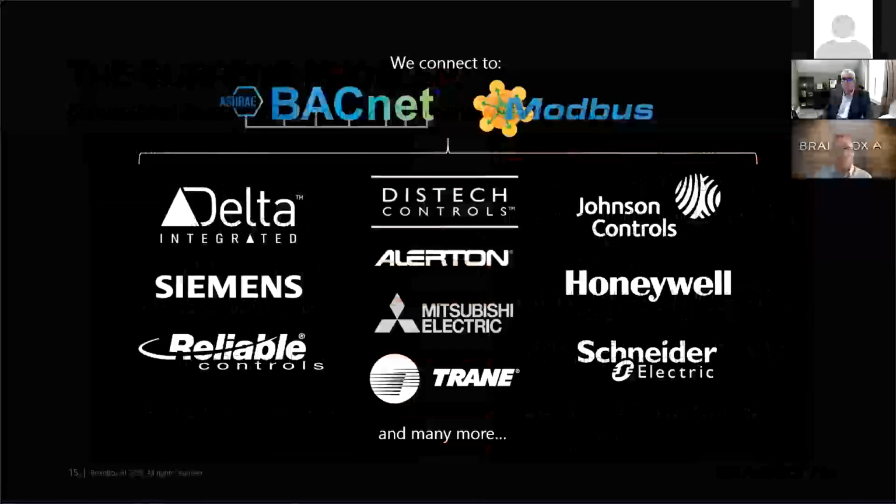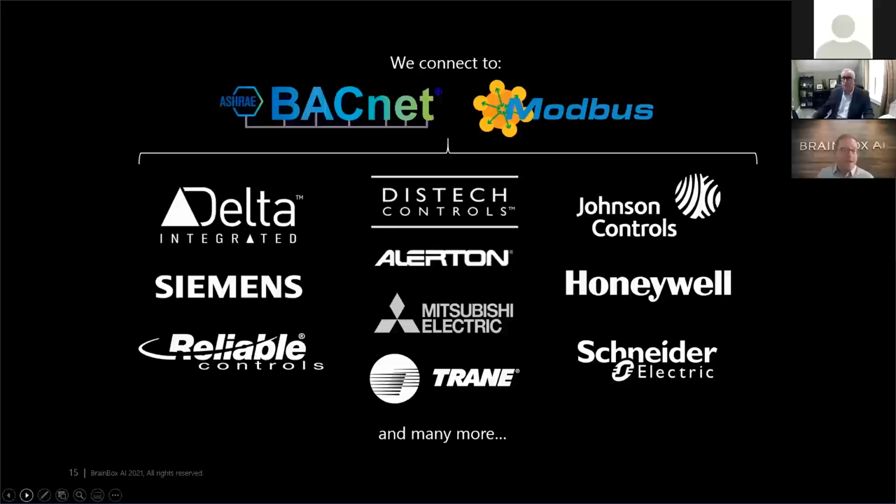Next slide, please. We have connected to all the major manufacturers' control systems, from Siemens, JCI, to Trane, to Schneider, Alerton, everybody. The way we connect, though, is utilizing a BACnet network. And over the last 10, maybe 15 years, major manufacturers have standardized on the BACnet protocol and moved away from a proprietary nature.